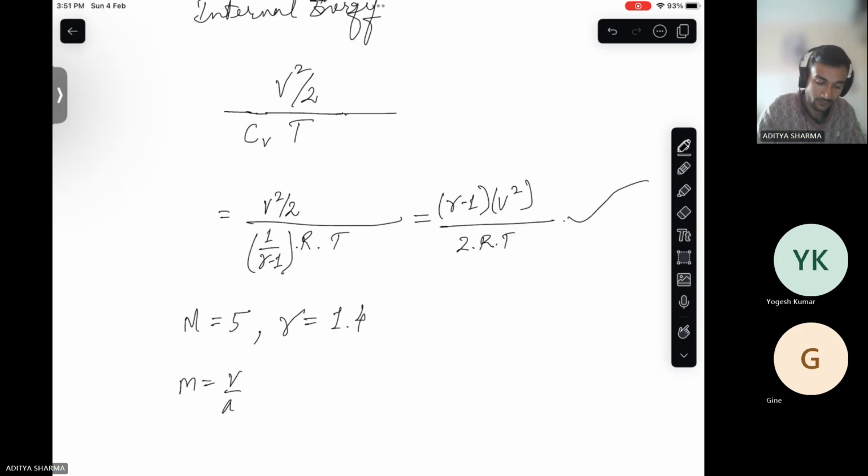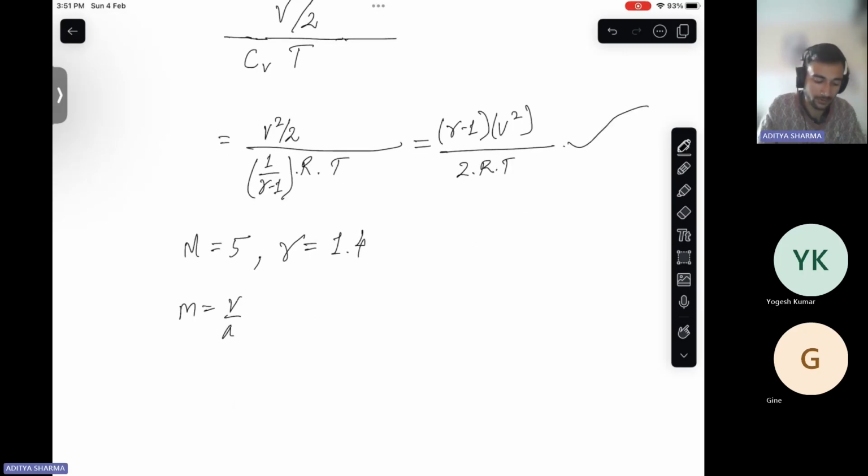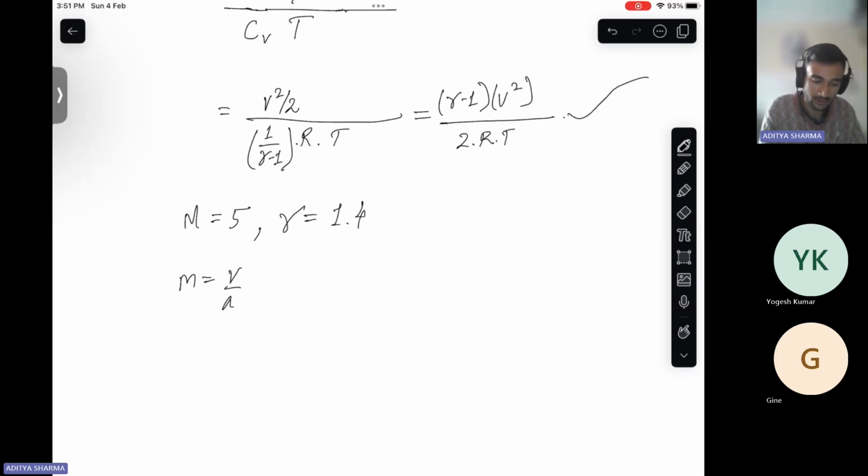So we'll just try to be a bit creative, because in the denominator we have RT. If this thing doesn't click, then solving this problem can be a difficult or challenging task. We have this expression in our hand, which is gamma minus 1, V square divided by 2RT.